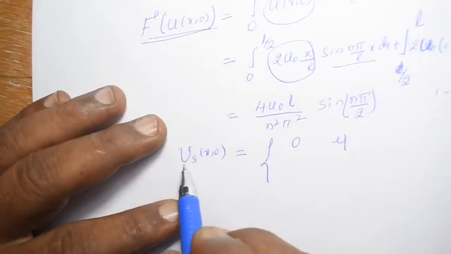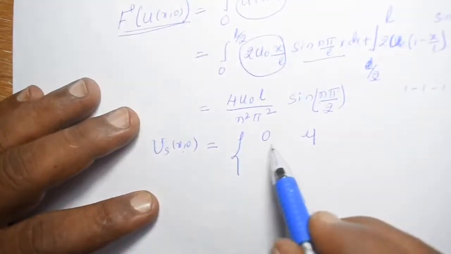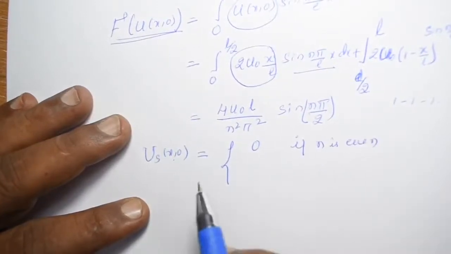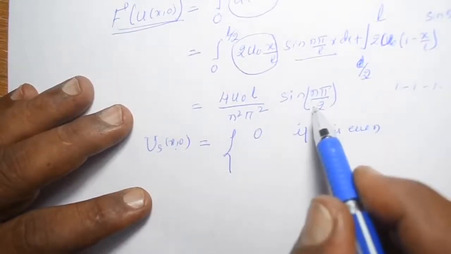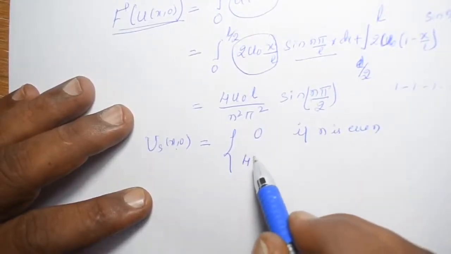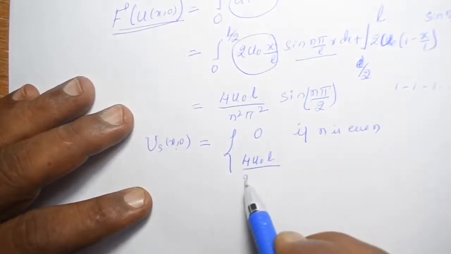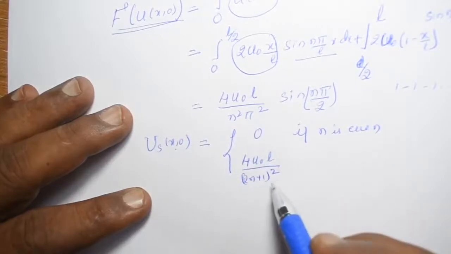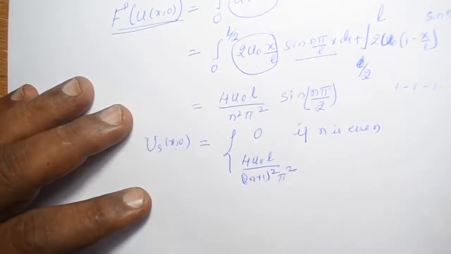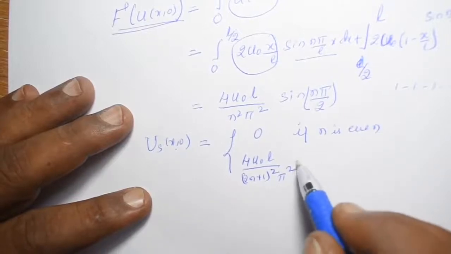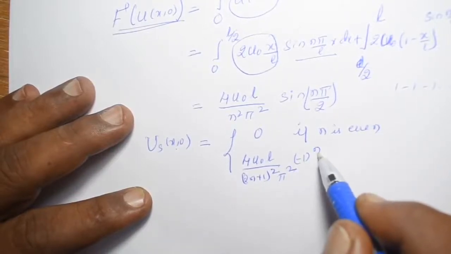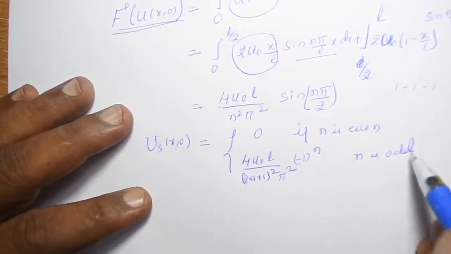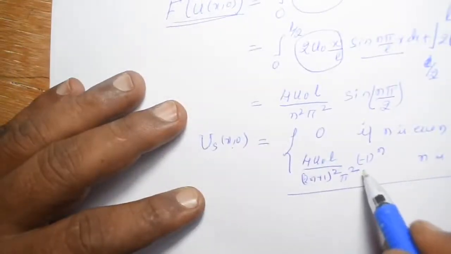You can write this as capital U_s of x comma 0 is equal to 0 if n is even, and if n is odd, then the value will become 4 u naught L divided by (2n plus 1) whole square, because I have taken n as odd, into pi square, into minus 1 to the power n. Is it right? If n is odd, you can express the initial condition like this.